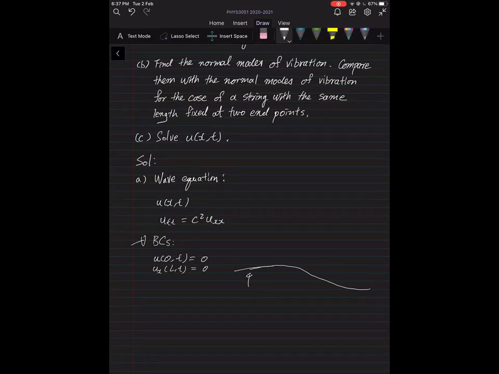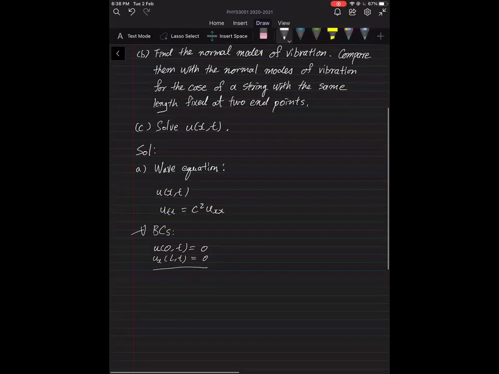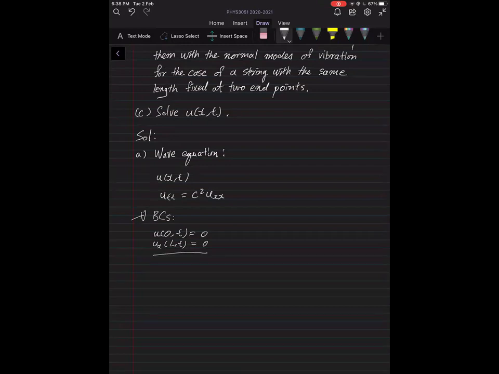So you have the spatial derivative here equal to 0. And the reason is, as you remember, when you derive the wave equation, you consider an infinitesimal element, then you have a tangent here.